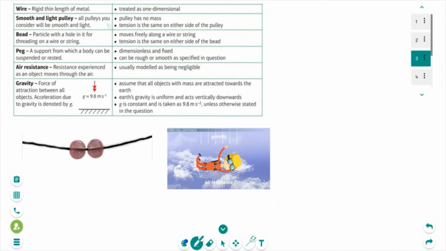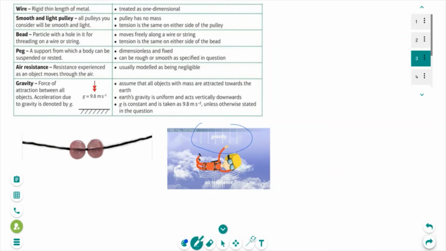Okay, air resistance is a good one. The example would be with the skydiver, parachutist. If you're falling through the air, obviously you've got gravity. So gravity is attracting the person towards the ground, so gravity acts downwards on the person.